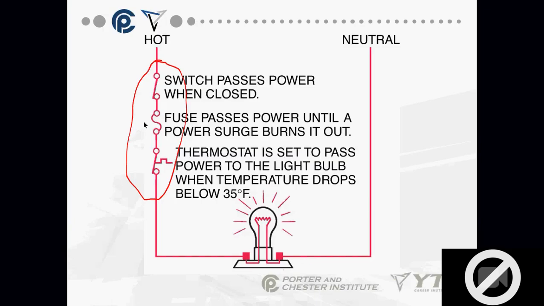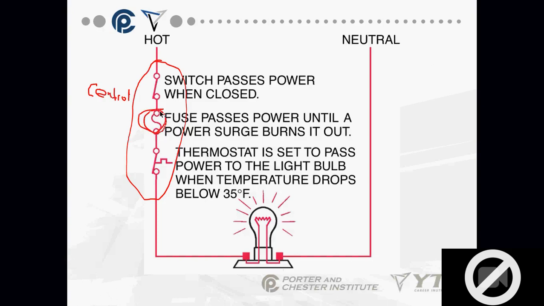What do we consider these devices in a circuit? Control devices, right? Yeah. So these devices here, and my writing is lousy with the mouse, so sorry about that. Okay, they're control devices.